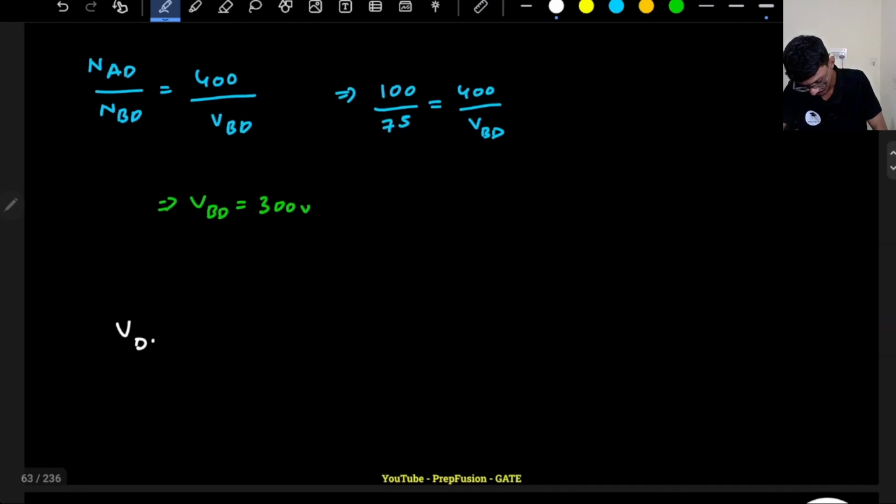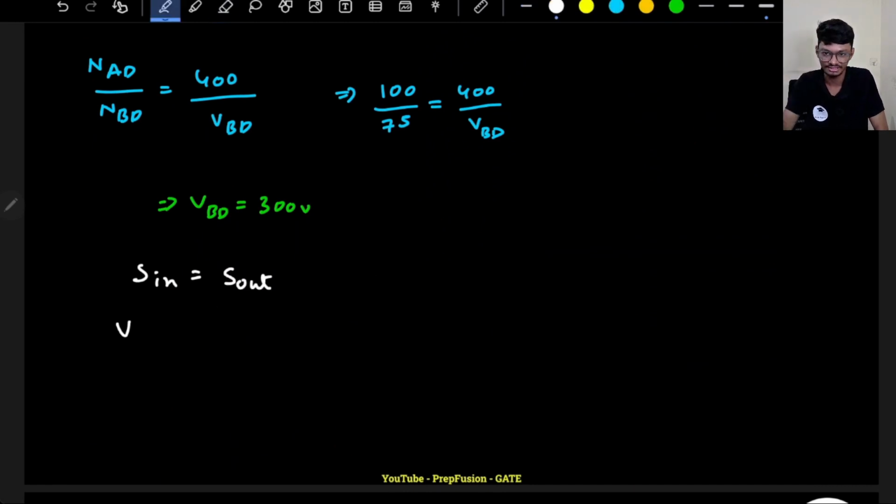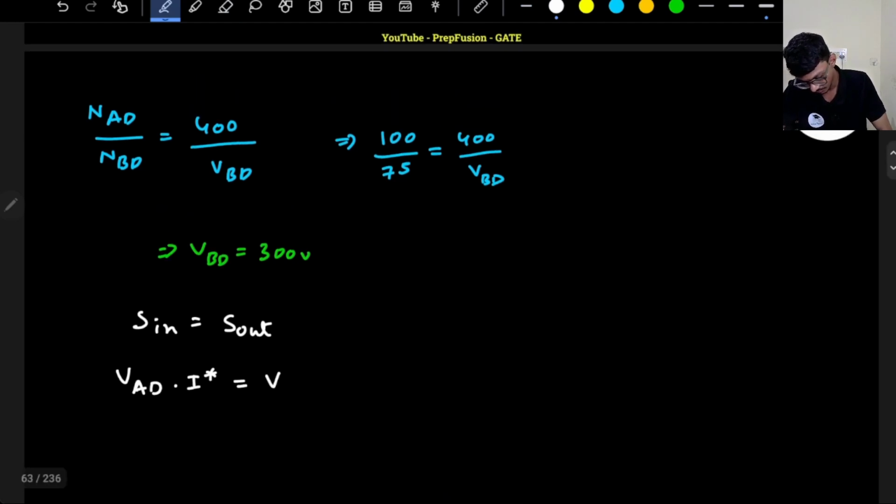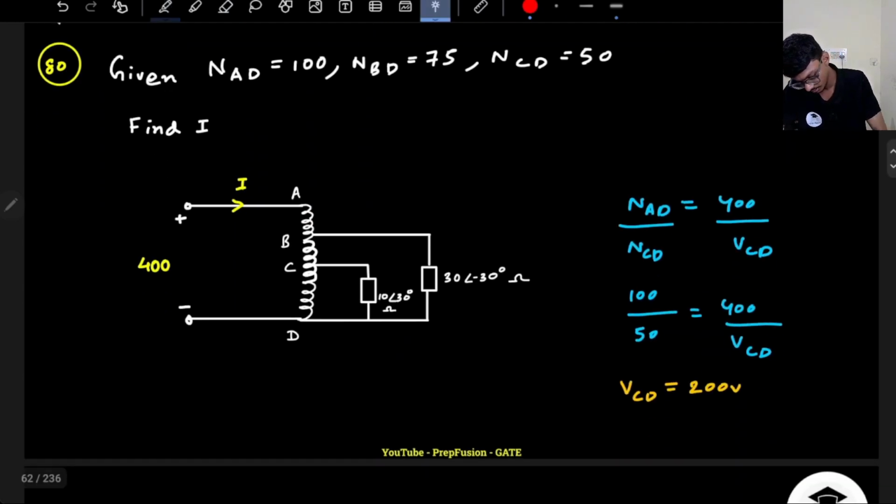So basically S in should be equal to S out, correct? So S in is what? The supply is providing the current, right? So VAD into I conjugate, this is what I need to find out, should be equal to my this value VBD into I conjugate.